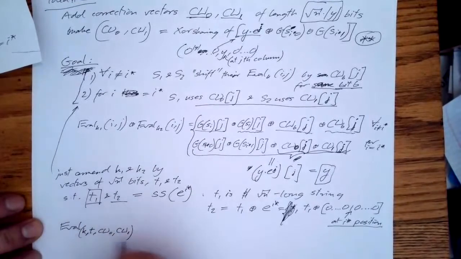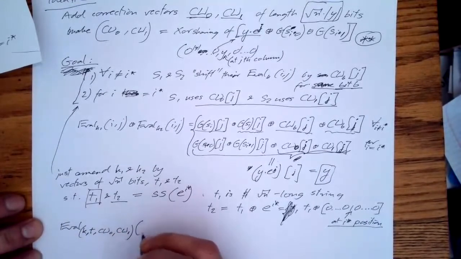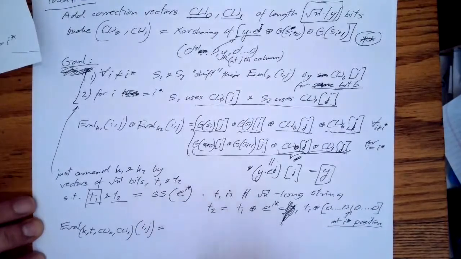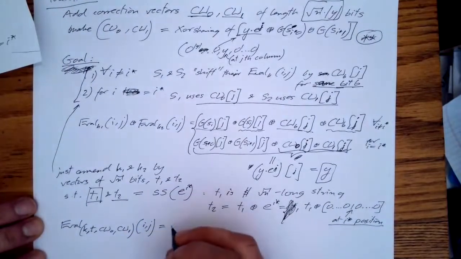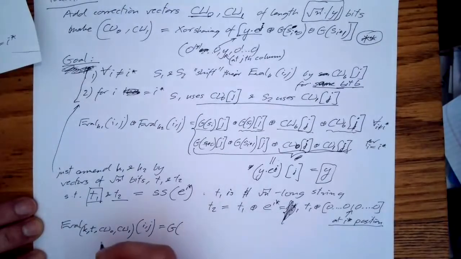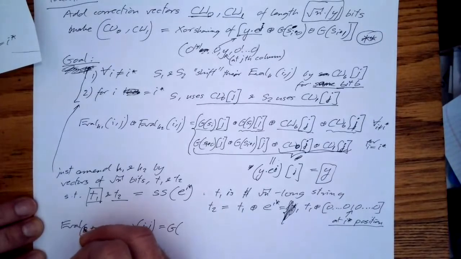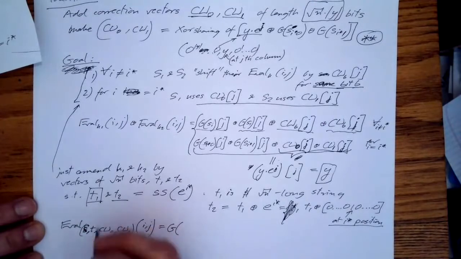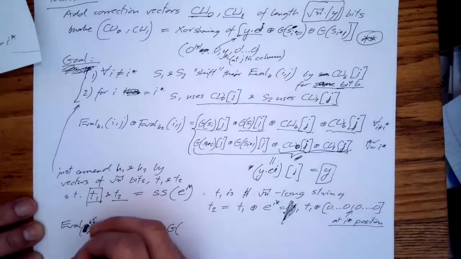So this is the new key at point ij. Sorry, this is key k, which was a vector of seeds.